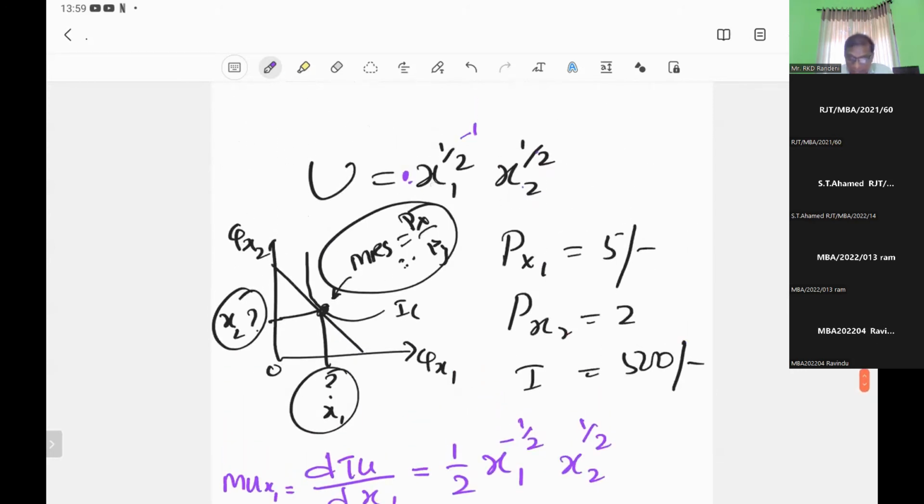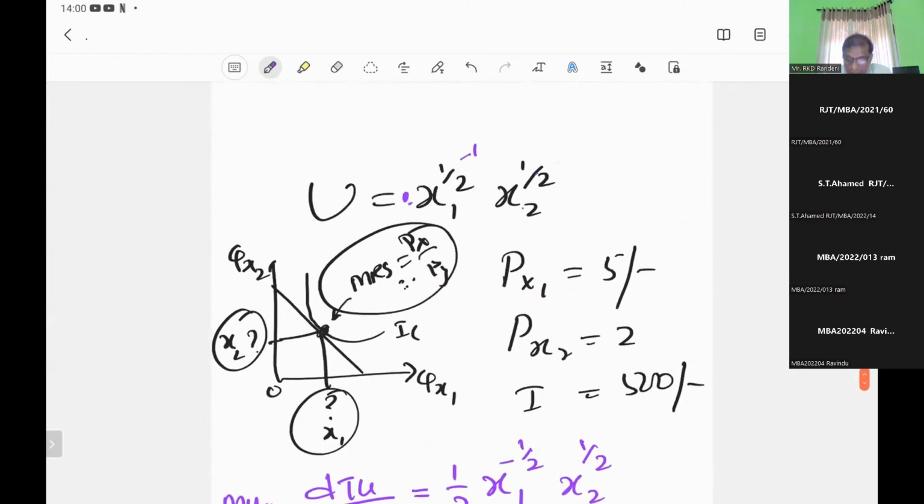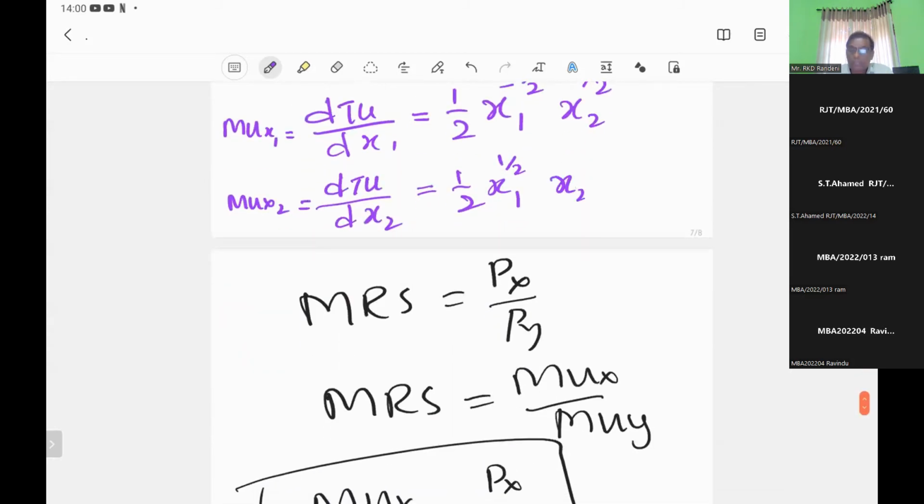Then x1 to the power half does not change, you write x1 to the power half. Here you deduct 1, that is x2 to the power minus half.